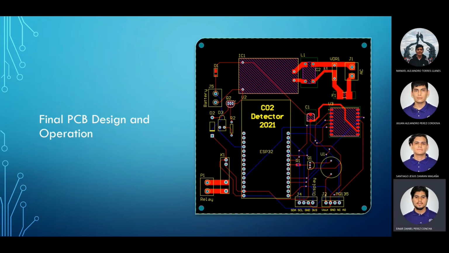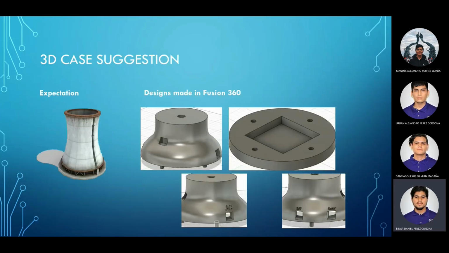That would be it for the IoT system based on the MQTT communication protocol. And now we are going to show some of our first suggestions for a 3D case for the PCB. As you can see in the images, we first thought of a chimney, an industrial chimney, as our inspiration. And we thought of dividing the case to be open.